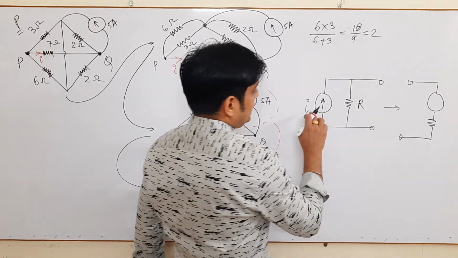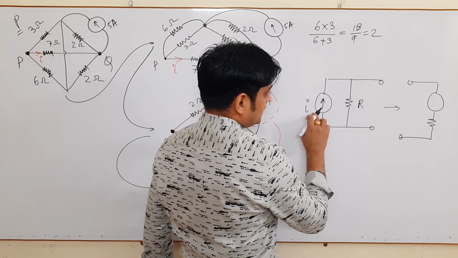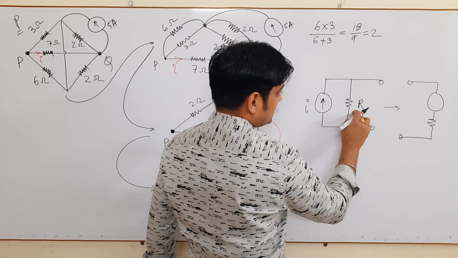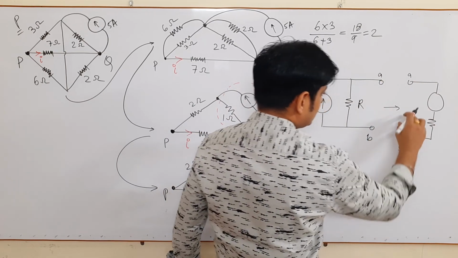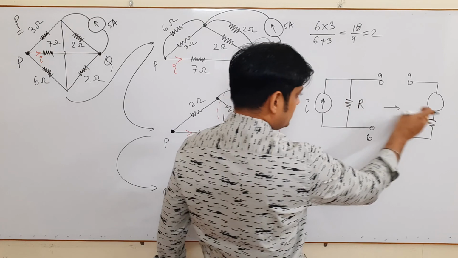So if this is the direction of the current I, this is resistance R, this is your terminal AB. Similarly this terminal AB, and you can convert this into this form.